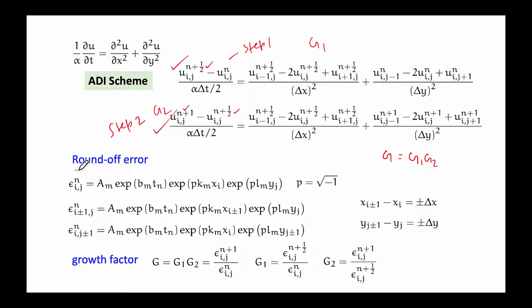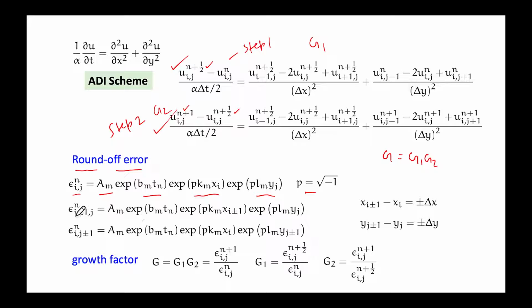So we have the same expression of round-off errors, of which we take one mode, the mth mode, given by an exponential in time and an exponential with root over -1 in space, which means periodic in space and exponential in time.